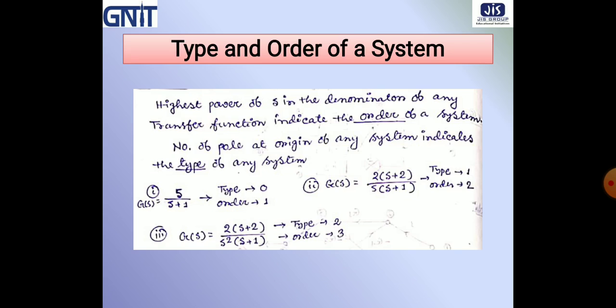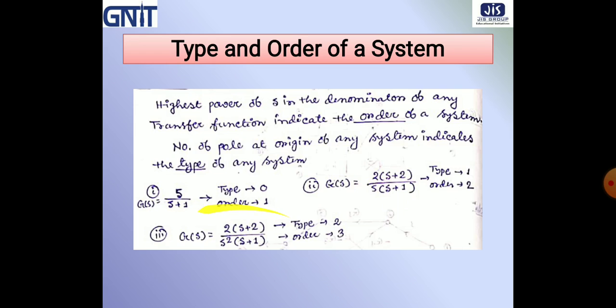So the order of the system is 2, and the number of poles present at the origin is called the type. Here 2 poles are present. One is at s = 0, that is the origin, and one pole is at s = -1. So there is one pole at the origin, so the type of the system is 1, and 2 poles are present in the system. That's why the order of the system is 2.